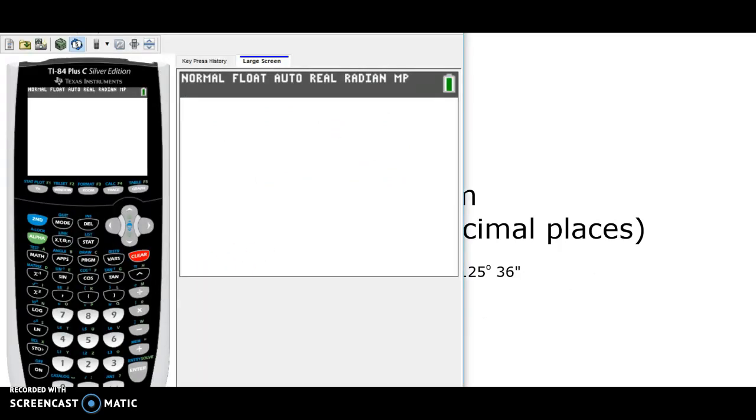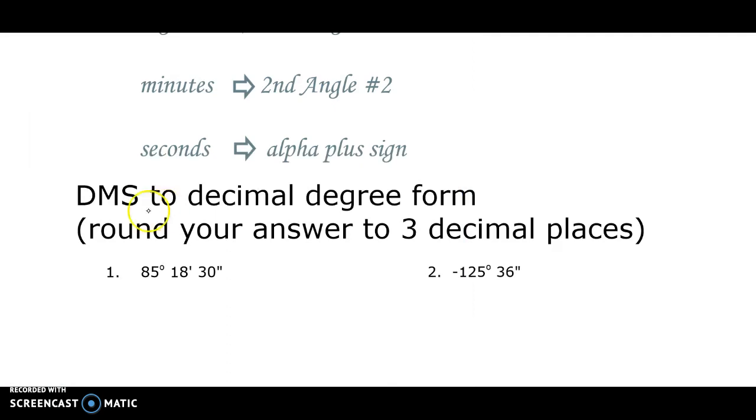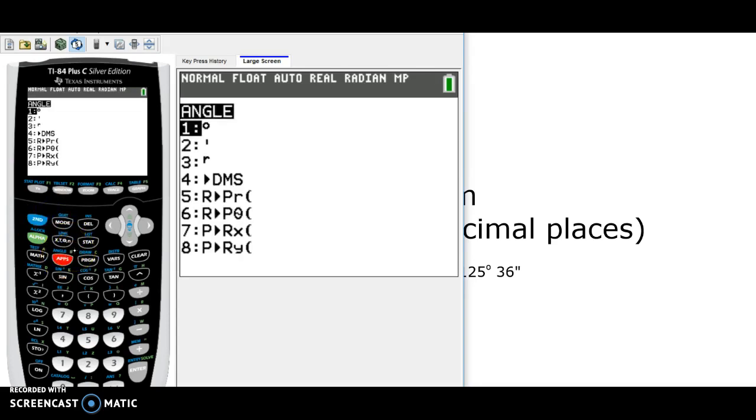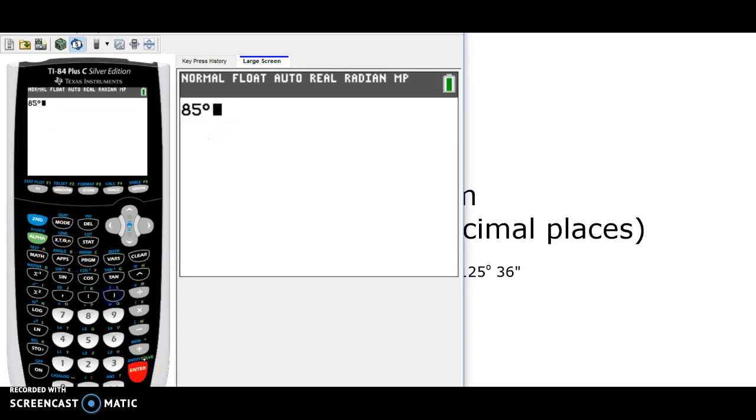So we're converting from DMS to decimal degree form, and we're going to round our answer to 3 decimal places. So in your graphing calculator, you're going to type in 85. And we want degrees, so as it says in your notes, you're going to go to, see how the angle in blue here? So second angle, here's my degree symbol, press enter. 85 degrees.